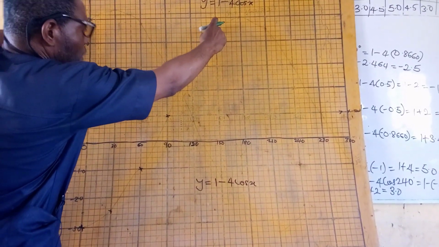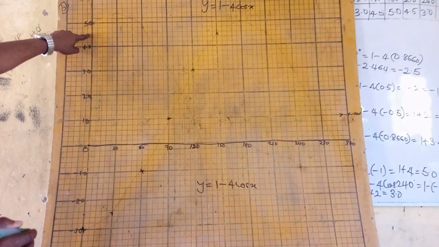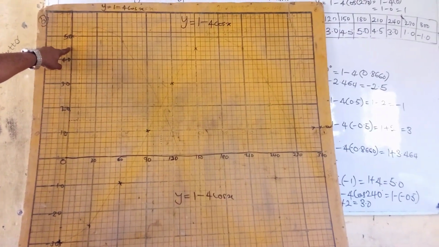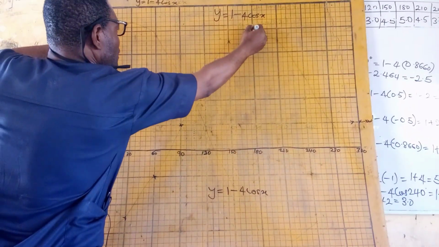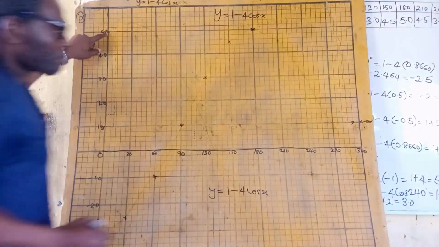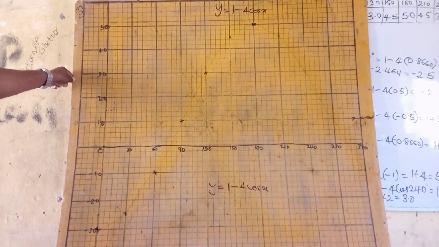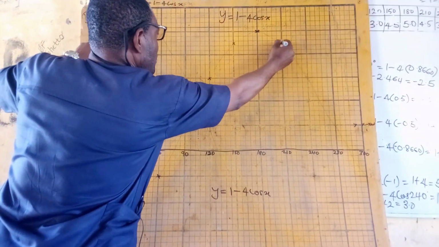So we have it to be these points. Now, when s is equal to 180, we have it as 5. This is 5. This is the point. When s is equal to 210, we have 4.5, on the same line.